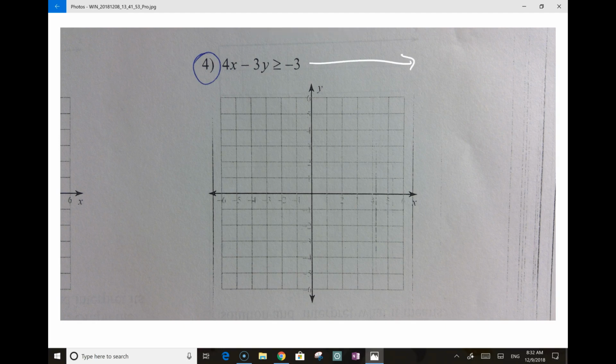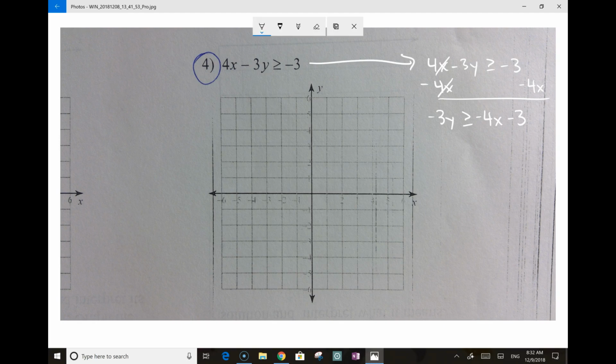So I'm going to start over here and just rewrite this as 4x minus 3y is greater or equal to negative 3. Now, I'm going to subtract my 4x from both sides. This goes away. I get negative 3y is greater or equal to negative 4x minus 3.